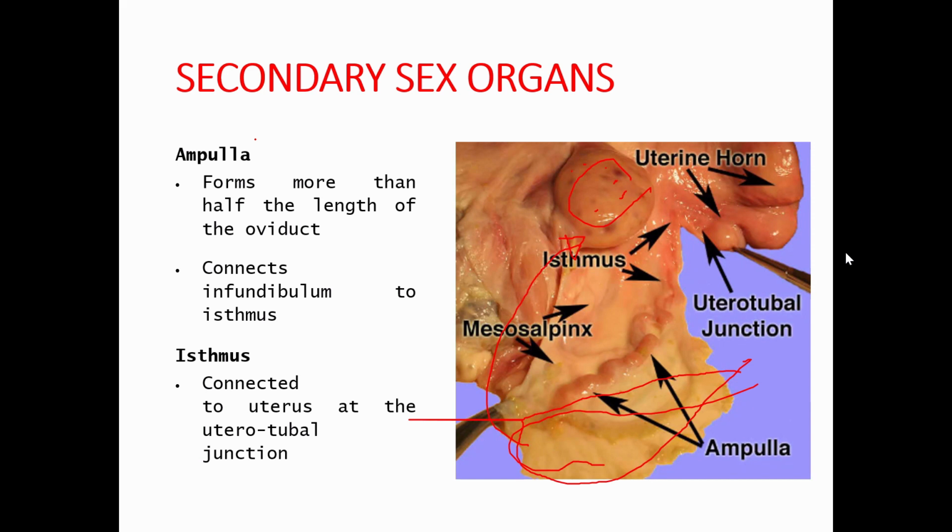And in terms of size, this is more than half. So doon sa ampulla, mas malaki ito kasi more than half of the oviduct. And the next portion will be the isthmus. So this is a connection between the ampulla and the uterine part itself.